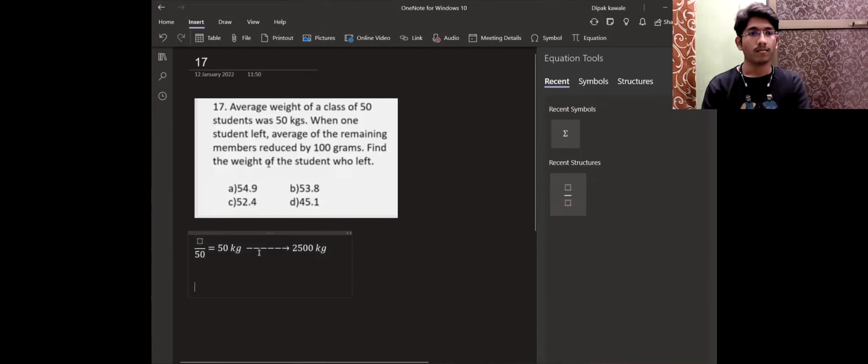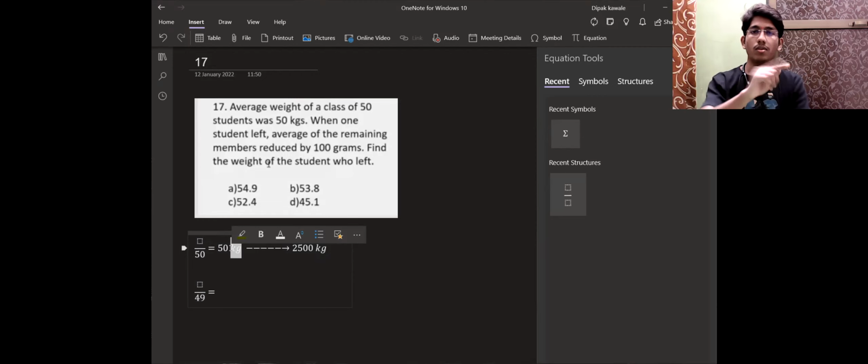Correct. Now they are saying that when one student left, average of the remaining members reduced by 100 grams. Okay, so see, when one student left, that means now there are 49 students, and they are saying that 100 gram reduced, but this is in kgs. So we have to convert this 100 grams into kgs.